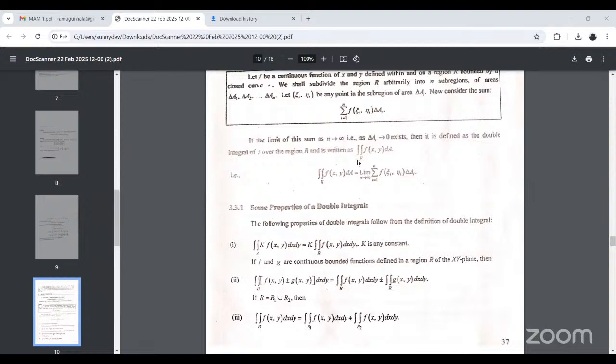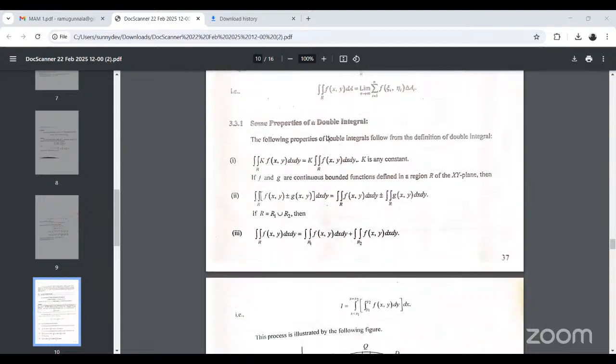So this is the double integration and some properties of double integrations. The integration of k into f of x comma y dx dy, that k will come right outside. And the double integration of f of x comma y plus or minus g of x comma y equals the double integration of f of x comma y dx dy plus or minus the double integration of g of x comma y dx dy.